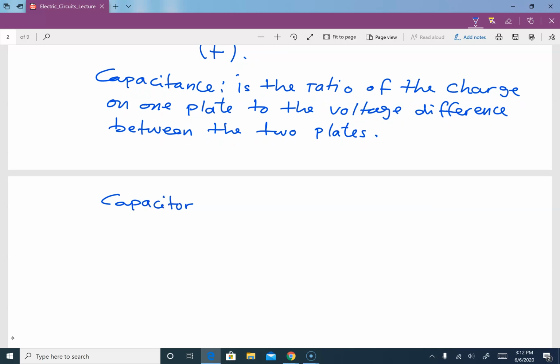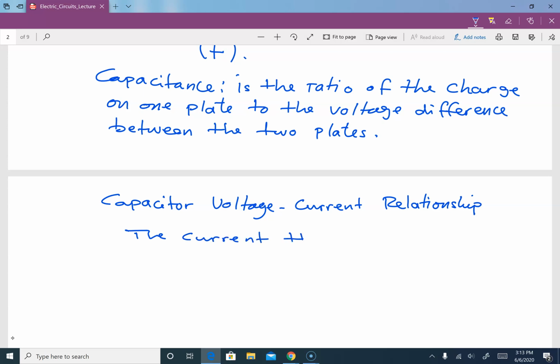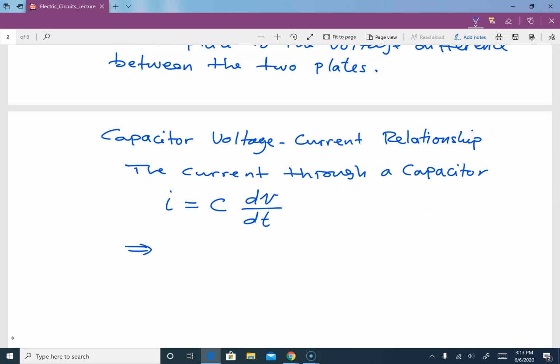So regarding the capacitor voltage current relationship, the current through a capacitor can be expressed as I is equal to C times dV over dt, which means that if we need to get the voltage of a capacitor, we can just take the integration of that formula.